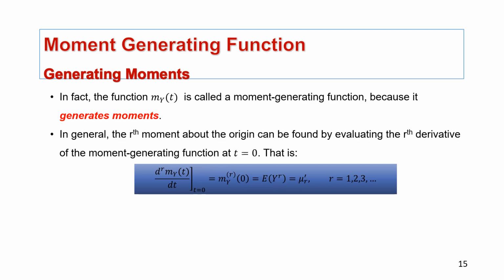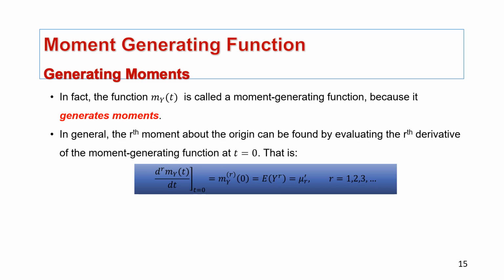But then to find the expected value of y to the power r, or mu dash r, for example, remember, I can get only the non-central moments using the moment generating function. If I ask you to get central moments, then you can find the non-central moments first.